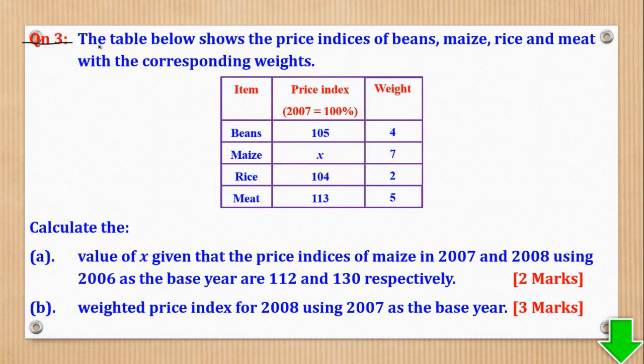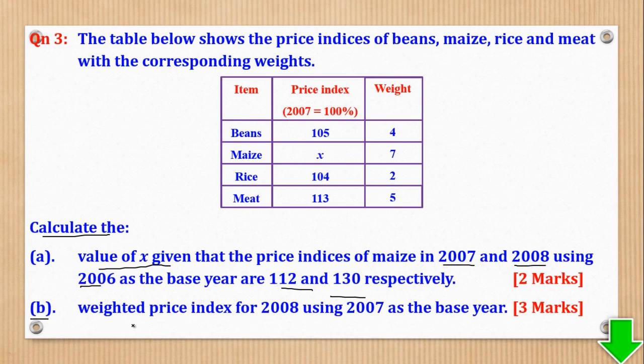Question 3 says the table below shows the prices of beans, maize, rice, and meat with the corresponding weights, and this is the table. Calculate, Roman 1, the value of x given that the price indices of maize in 2.7 and 2.8 using 2.6 as the base year are this and this respectively.